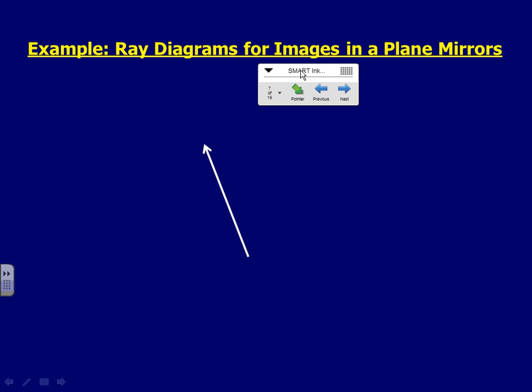I put it on there. You guys can just go ahead. I mark right there. I draw my normal. I put the protractor on there, slide it back essentially.